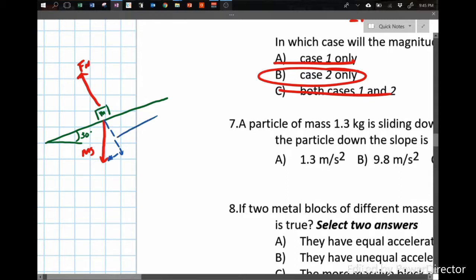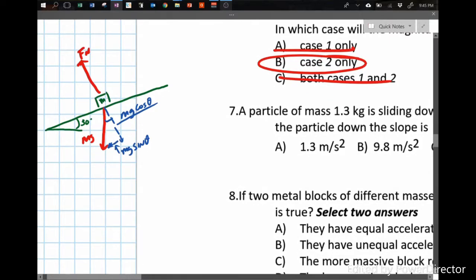This part of the weight is the perpendicular side. This is my angle 30, that's adjacent, so it's going to be mg cosine 30 into the plane. This is the opposite side, so it's mg sine theta down the plane.